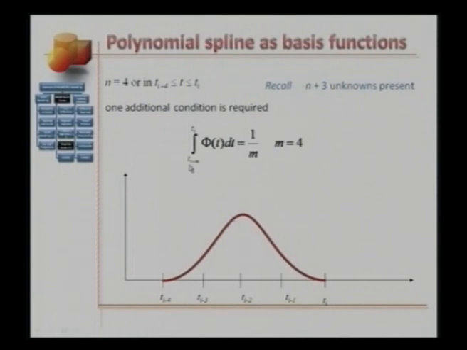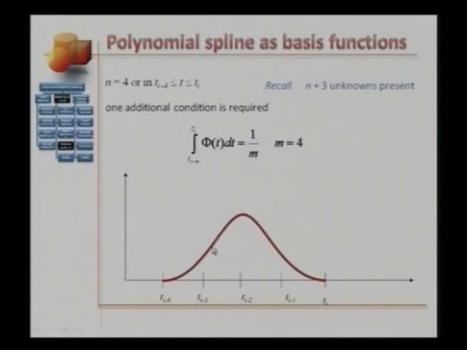That is, the integral from Ti minus m to Ti of phi of t dt is equal to 1 over m. Here, m is the order of the curve. Remember, m minus 1 would be the degree of the curve. So in this case, this is a cubic spline for which m equals 4. Now, if I go leftward from Ti, the first knot that I'll have will be Ti minus 4.